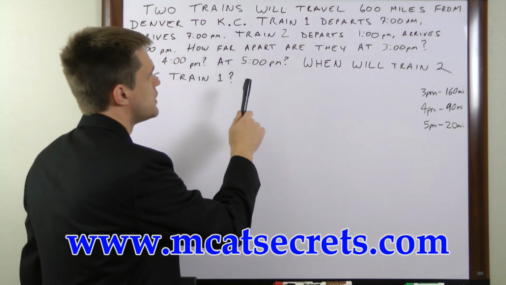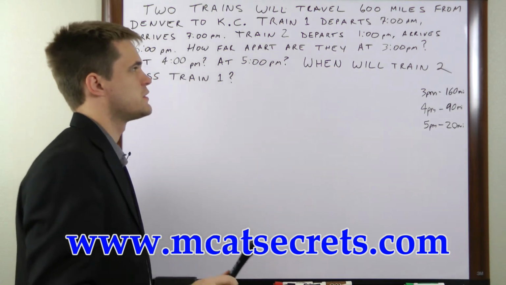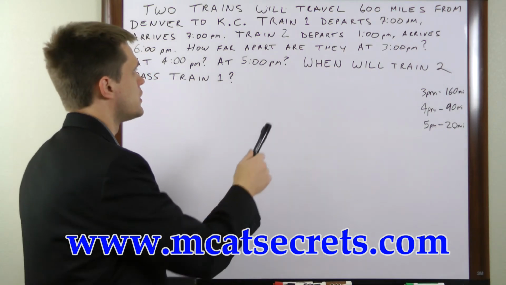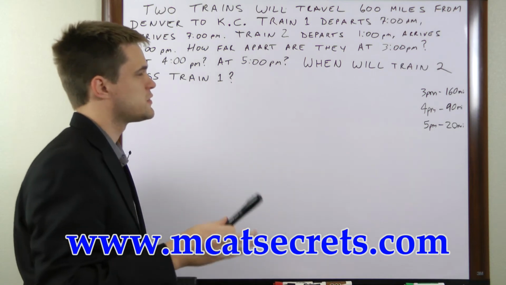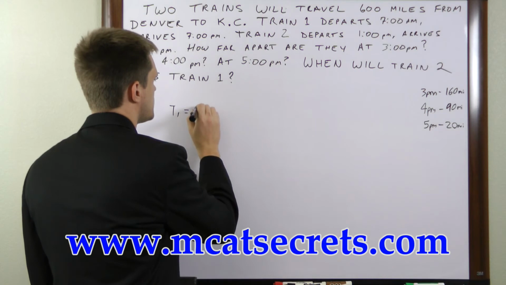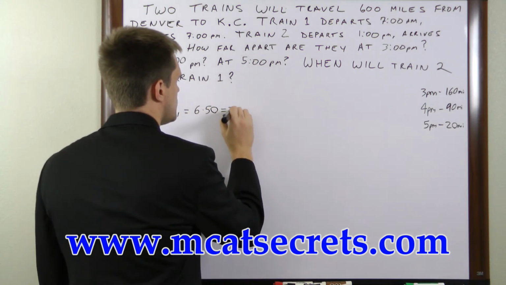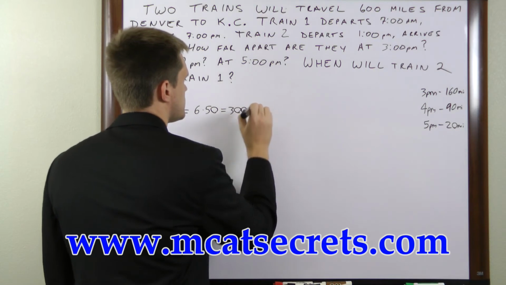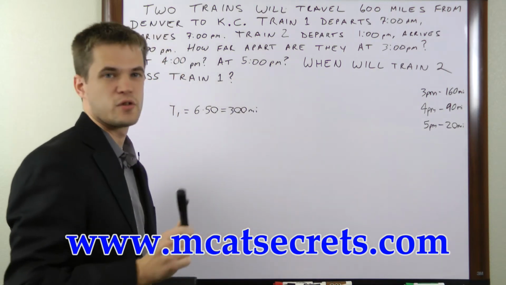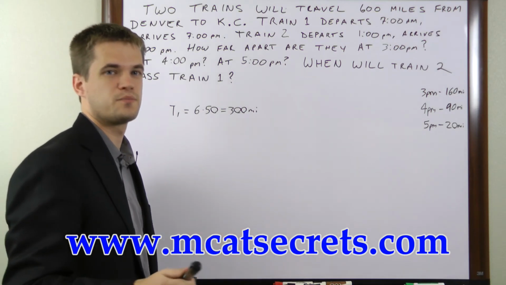Train 1 leaves 6 hours before train 2. So in the time from 7 a.m. to 1 p.m., train 1 travels 6 times 50 or 300 miles. So train 1 is 300 miles ahead of train 2 when train 2 starts.